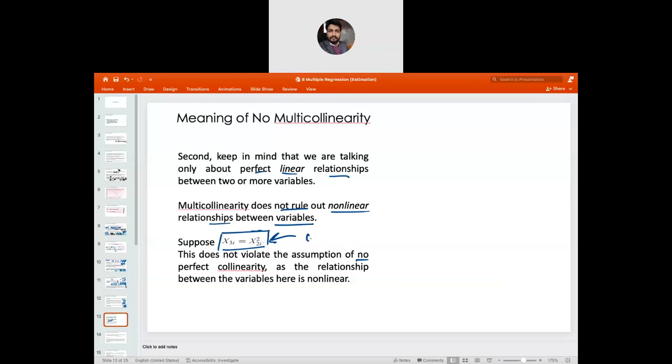It is okay, right? Because this is a non-linear relationship, not a linear relationship between x2 and x3. If x3 equals x2 squared, this is okay, no problem, right? We are talking about linear relationships in multicollinearity. Keep this in mind.